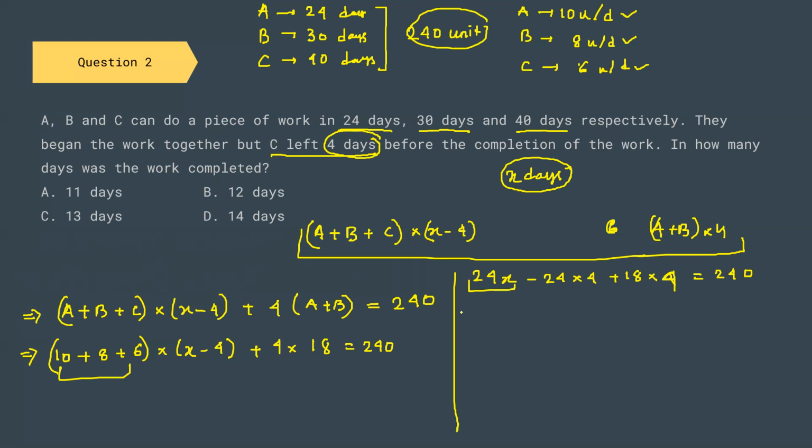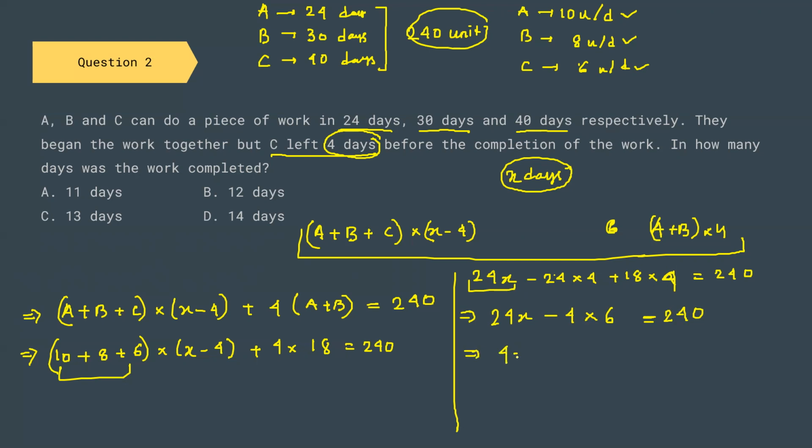We can take 4 common from here, so this is 4 into (24 minus 18), that is 6. We can take 6 common from both sides.